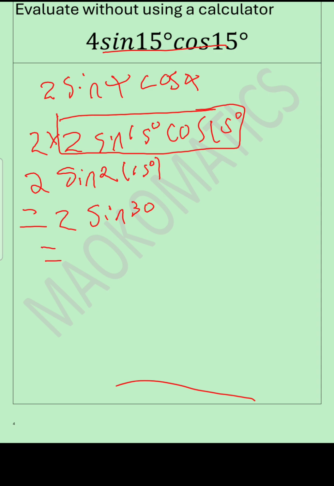And sine 30 in the calculator is half, so 2 times a half gives 1. Then we have simplified it in this way.